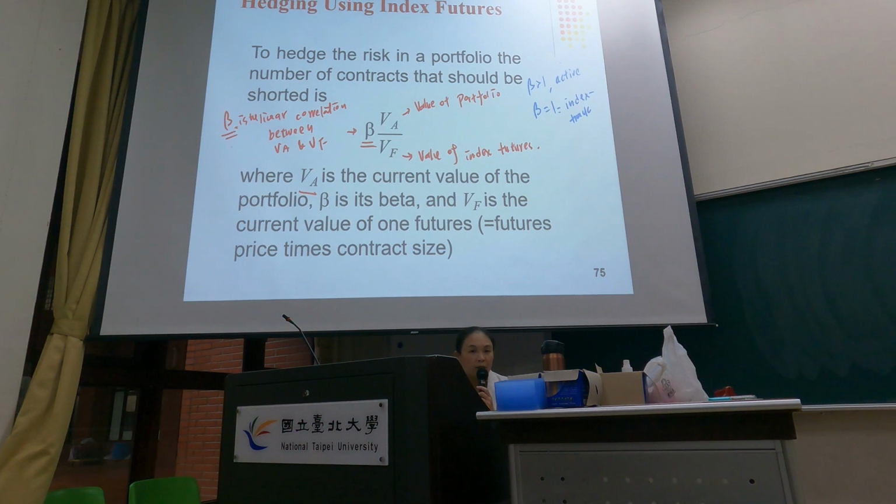So that means you have the same risk as the market, okay? When beta is lower than 1, that's the passive portfolio. So when your risk is lower, you don't have to hedge that much. So actually a similar idea to the hedge ratio we just learned, right? If your portfolio is highly risky, beta higher than 1, then you should short more index futures, because the portfolio is normally a long position. Are we okay with that?